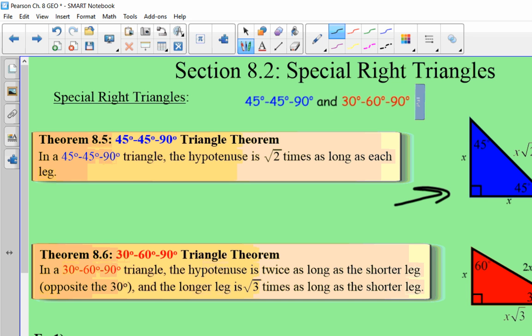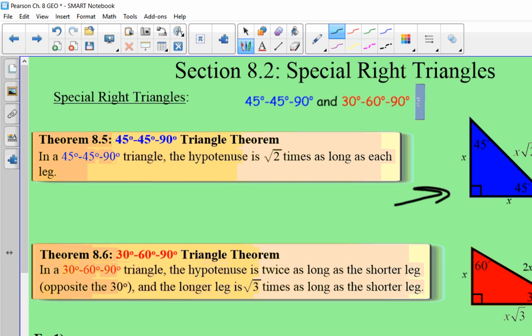Special right triangles have a relationship between all three sides of a triangle when it's a 45, 45, 90, and then the next one we look at is a 30, 60, 90. These are the only two that have some real specific relationships that you can use and not have to use something like the Pythagorean theorem or something else to find angles or side measurements.